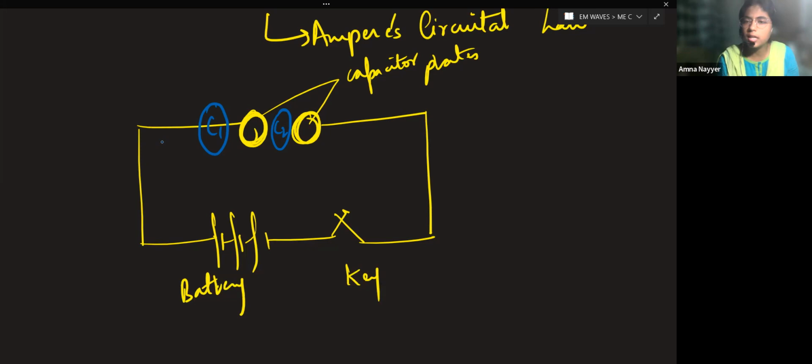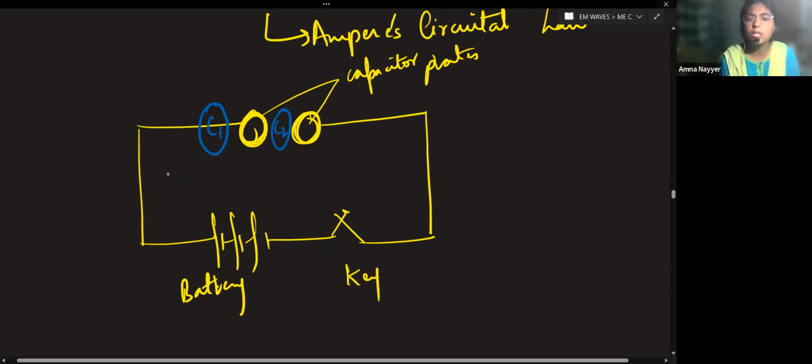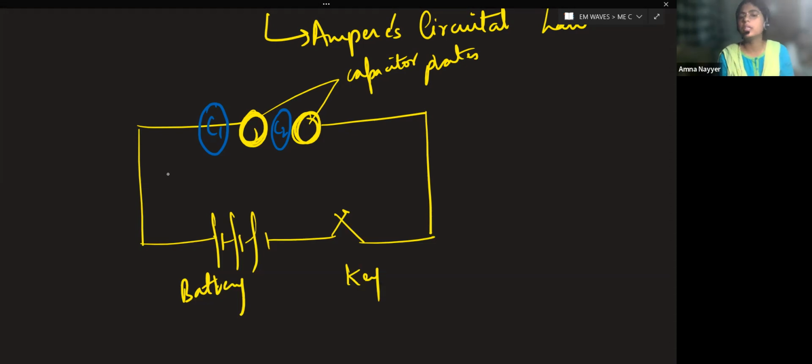Now when the whole circuit is intact and all the wires are properly connected to the terminals of the battery and are connected to the key and the switch is on, then obviously current will flow through this. Now if you look at this part, C1 part will receive current.